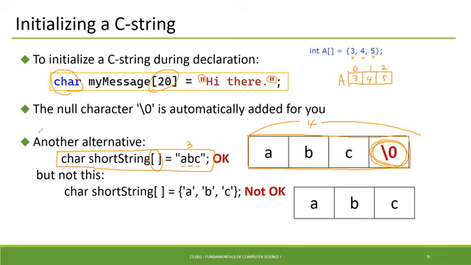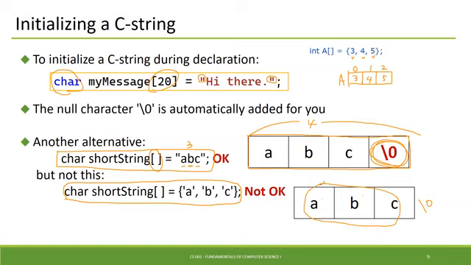Okay, and look at this one. If you provide an array like this, then there is no space for the null. If you want to handle only each letter, then maybe it is okay. However, if you handle this as one string, then it is not okay.